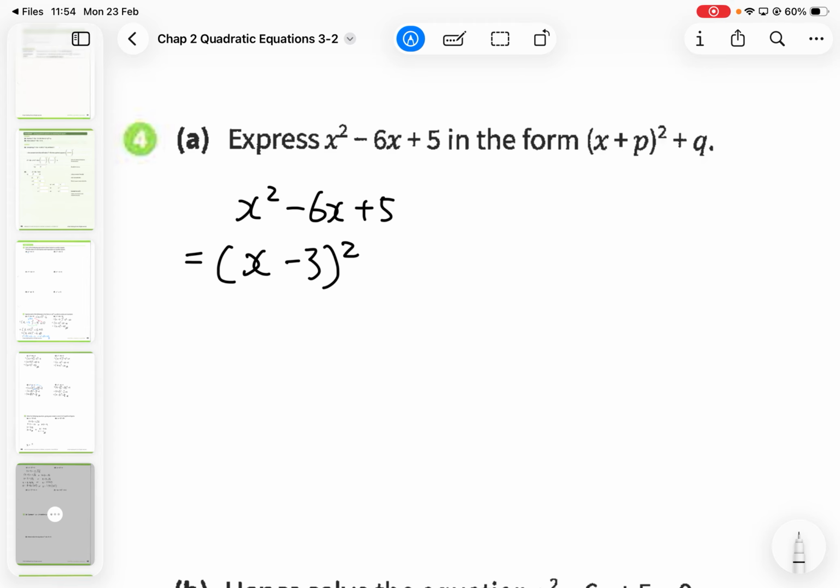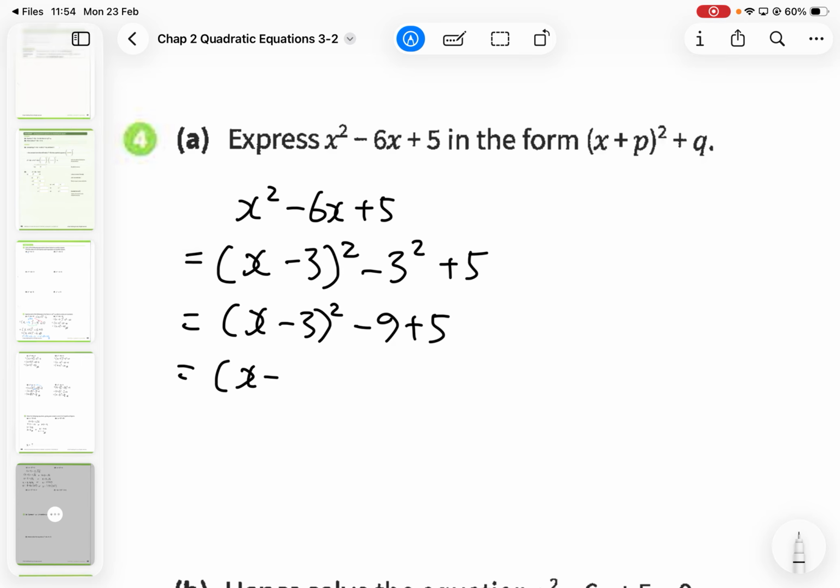I can take square root on both sides, add the plus and minus. Then I will have x minus 3 equals to 2, or x minus 3 equals to negative 2, x equals to 2 plus 3, or x equals to negative 2 plus 3, then x equals to 5, or x equals to 1.